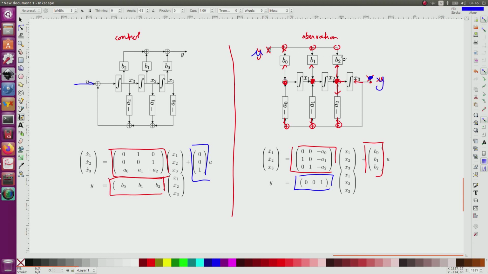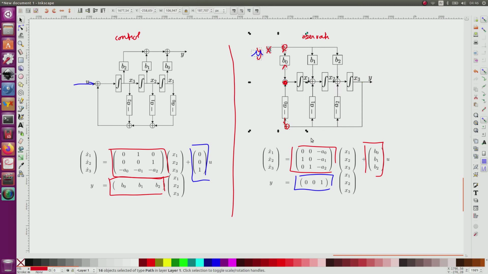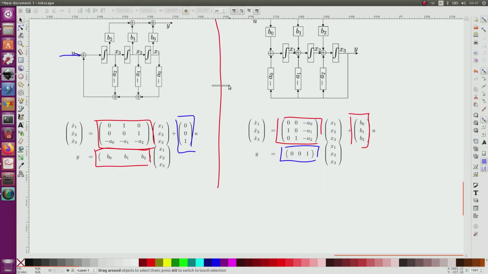So I take the previous representation like this. So it is called an observation form because all integrators go directly to Y, the observation. Both are also equivalent.